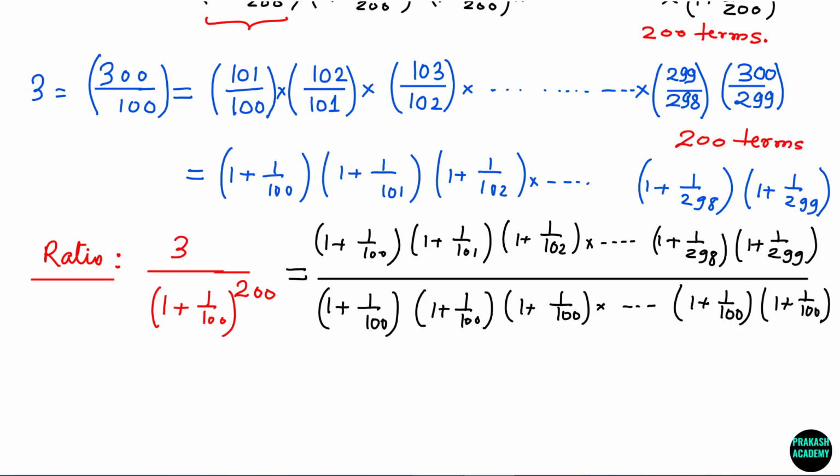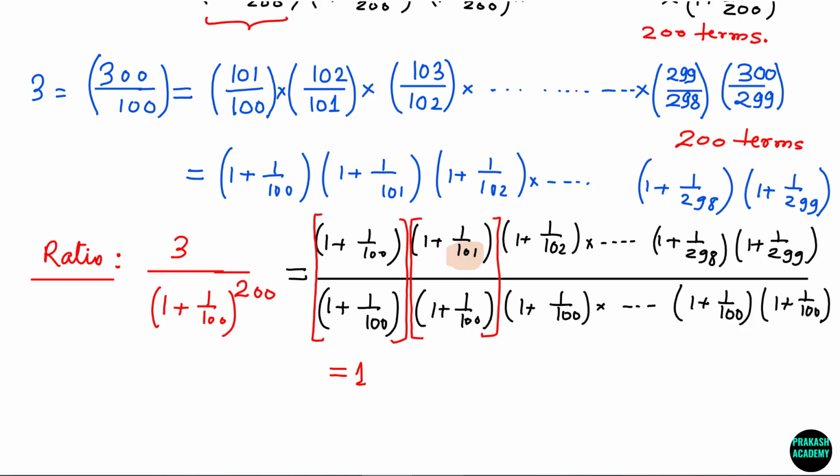Now let us compare term by term. So first we will compare these two terms. Basically in this case both numerator and denominator are same, so this is equal to 1. What about the second term? Now you see in the numerator you have a bigger number here, that is 101.